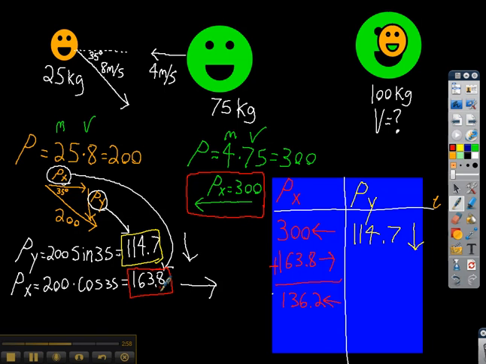You can use negatives for the stuff going to the left if you want to. I prefer to write direction. I think you're less likely to make mistakes that way. So when you combine these two, 300 to the left and 164 to the right, you end up with 136 to the left. This is the total momentum in the x direction. And for the momentum in the y direction, it's easy. There was only one value.